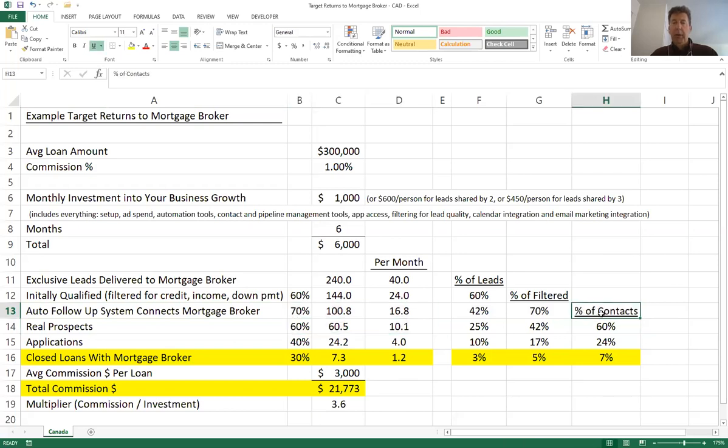And under this scenario, what you're seeing is that you're only doing business with 7% of the people that come through, meaning 93% of the people that come through this overall process are not doing business with you. And it takes a particular kind of broker to be okay with that. You have to have thick skin, understanding we're working through the numbers. So that's one reality.